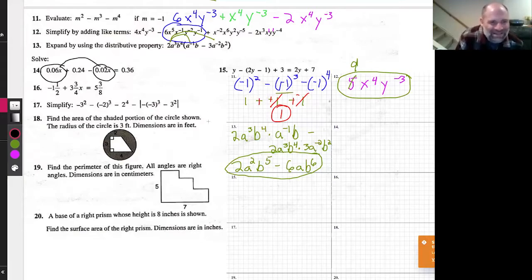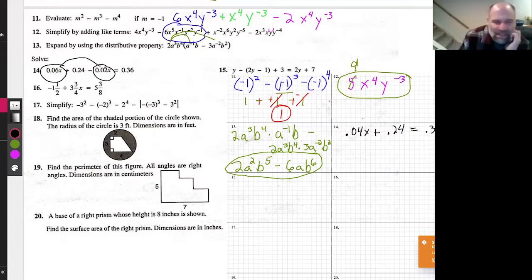So when I combine those like terms, I just go 0.06 minus 0.02, that's 0.04x plus 0.24 equals 0.36.